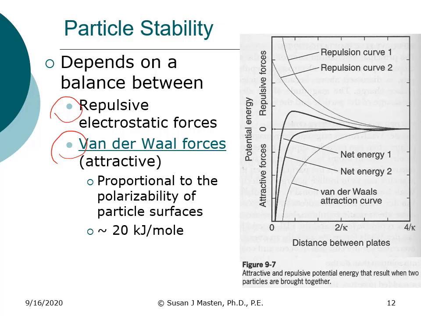So if we look here at what they refer to as repulsive curve 1, we have the attractive forces between these particles, and what you see is that the electrostatic force, or the potential energy, drops off with distance from the two particles. So basically, as you get further and further apart, the repulsive forces decrease, which you can expect.